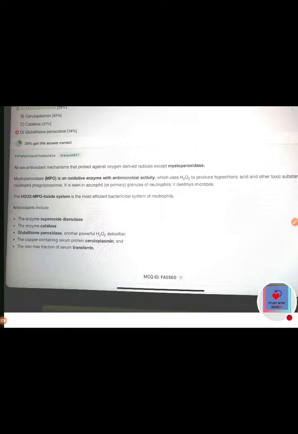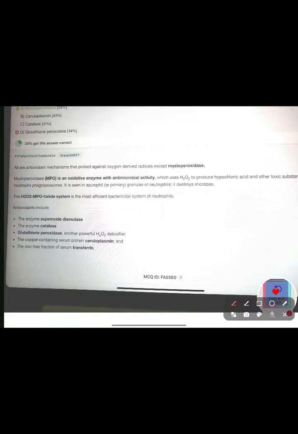The H2O2-MPO-halide system is the most effective bactericidal system of neutrophils. That is MPO, myeloperoxidase, so it kills the bacteria.